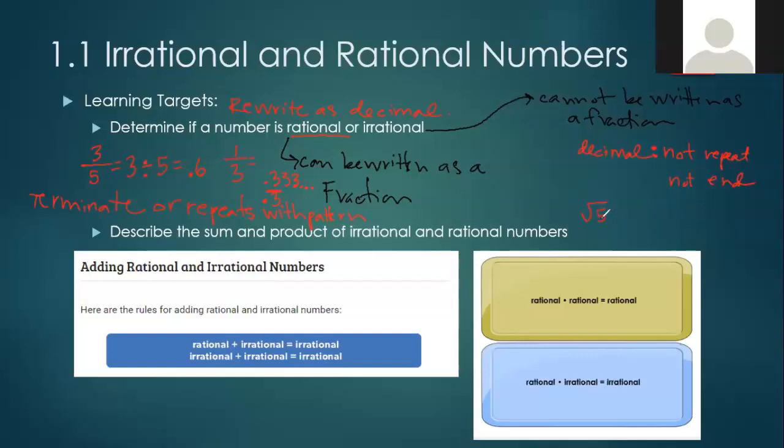For example, square root of 5, throw that into your calculator. Square root of 5, meaning what number times itself makes 5? That's what that means.